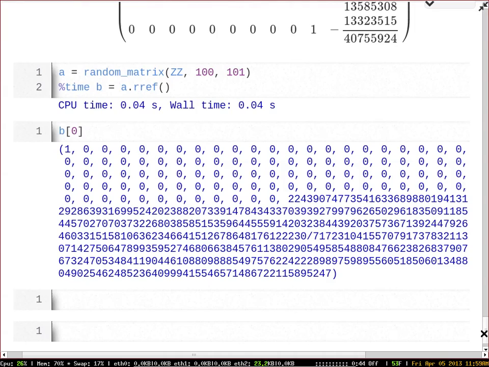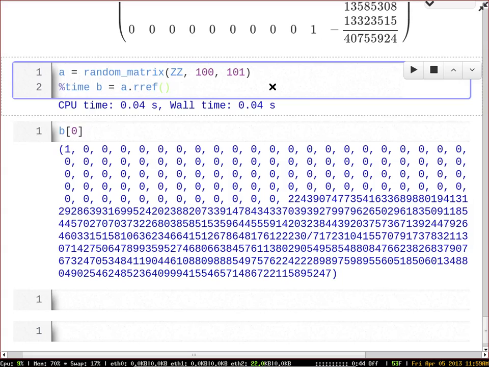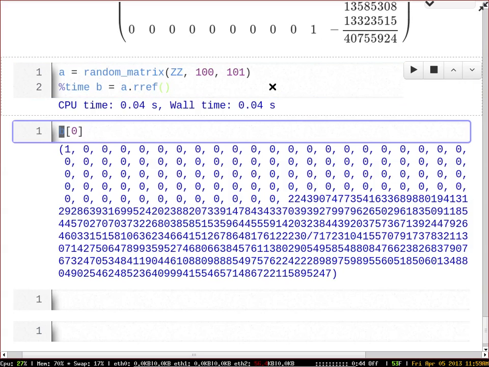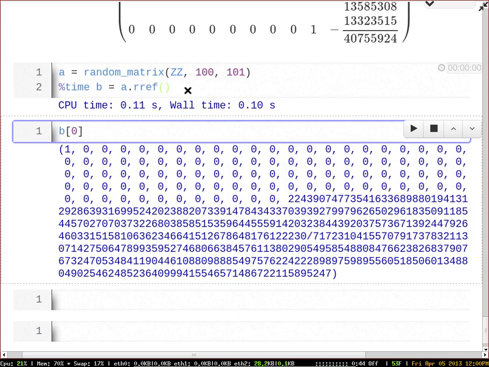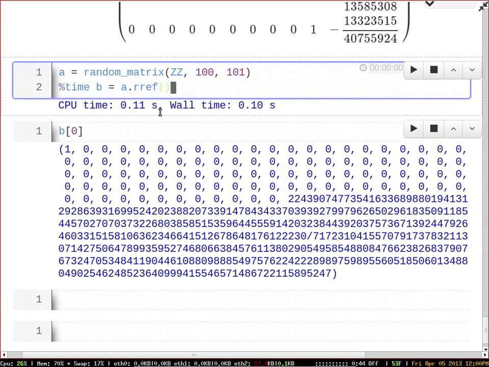Just to show you a bigger example, let's try a random 100 by 101 matrix. If you're at the back, well, it's just some big random matrix. It's generated, and in 0.1 seconds, Sage took that random matrix and put it in reduced row echelon form.